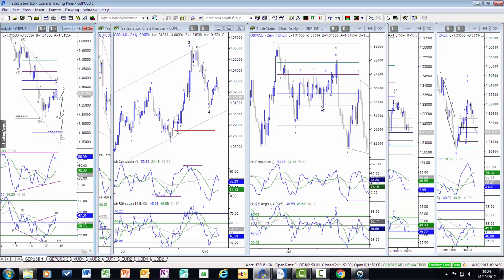This is the correction that took place, retracing 76.4 of this 5 wave decline, which is labelled 1, 2, and as you can see, we have a correction similar to this at this moment in time.